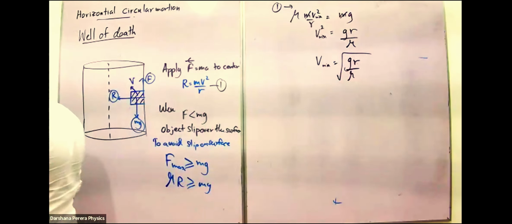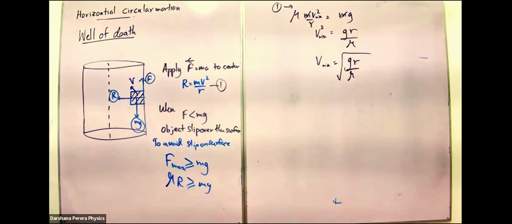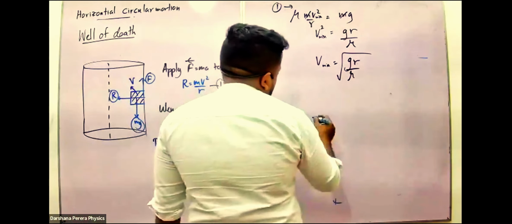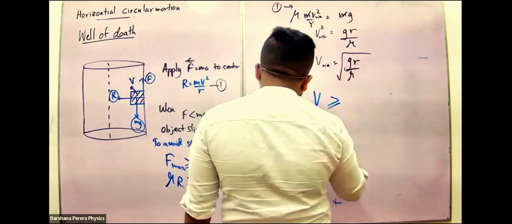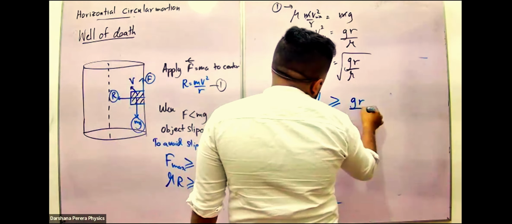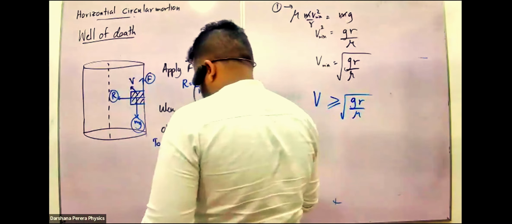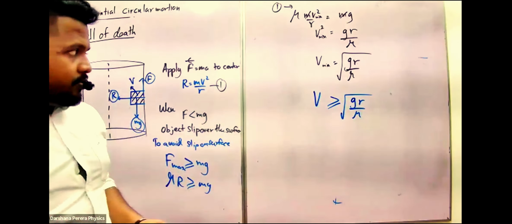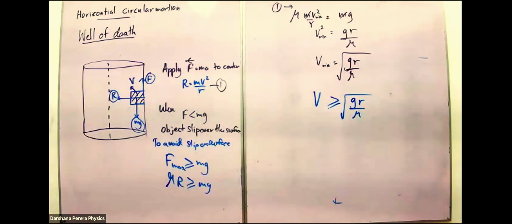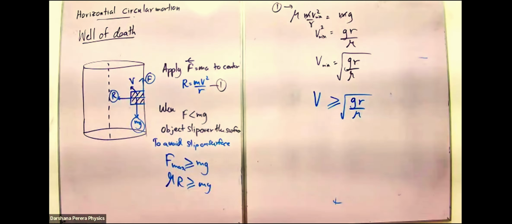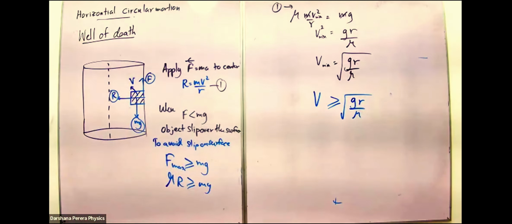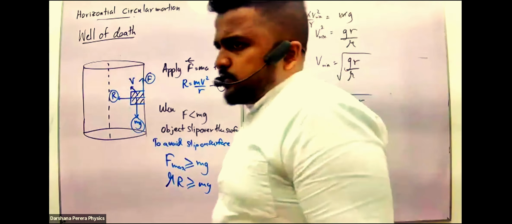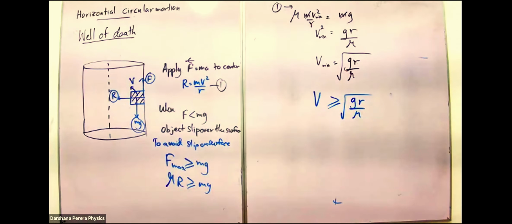So v should be greater than or equal to the square root of gr over mu. This is the minimum. If it is greater than that, the frictional force increases because R increased.